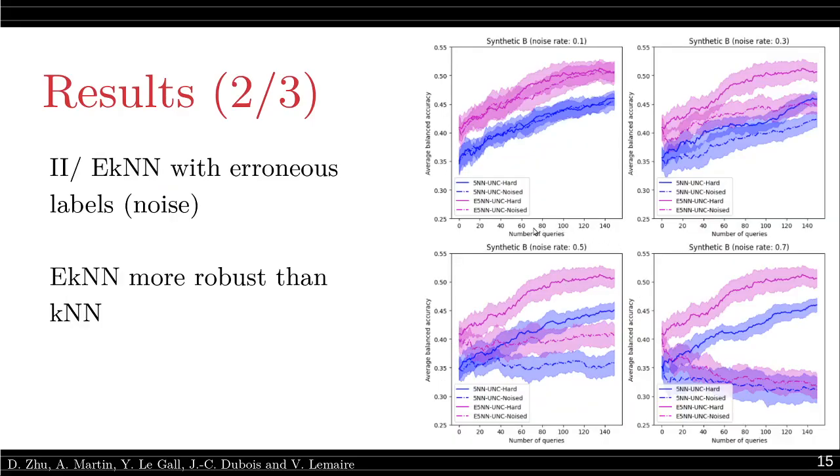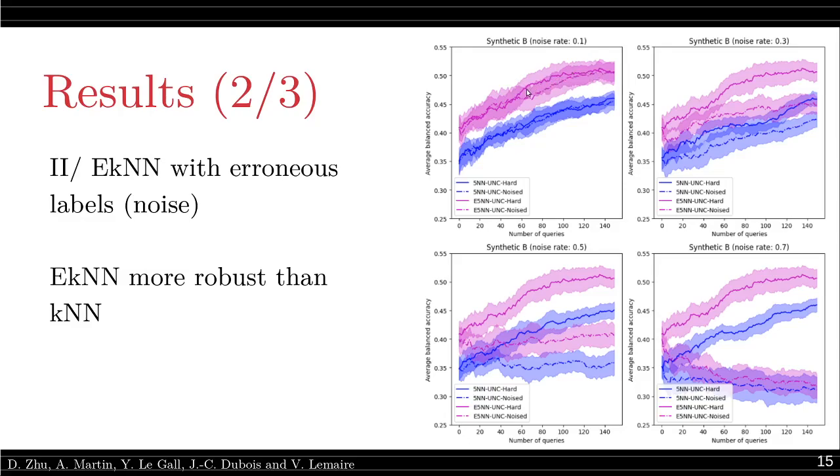The second result is about EKNN with wrong labels. So the oracle provides wrong labels, and here we only used the uncertainty sampling as a sampling method, and so the curves in plain are the data with no noise.